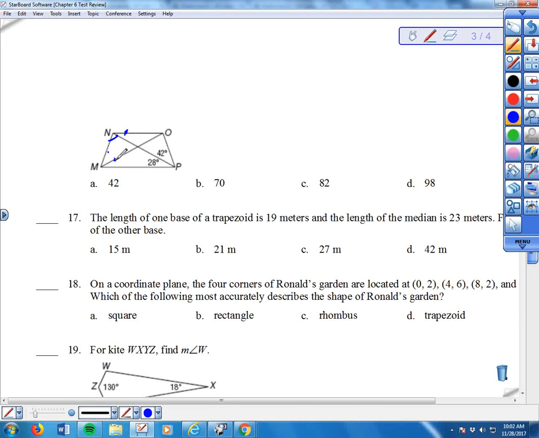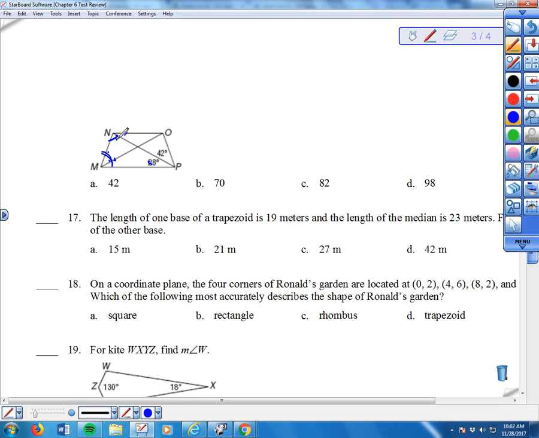That's 70, right? This angle is 70? Yeah. And if this is 70 and that's 28, that's 98. 180 minus 98 is 182? 82, I mean, not 182.